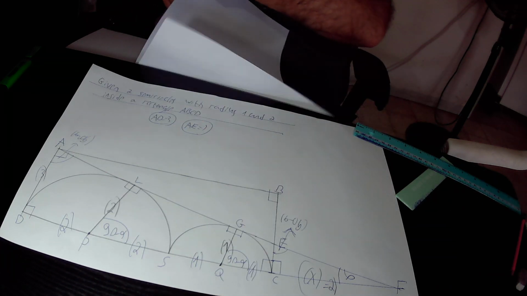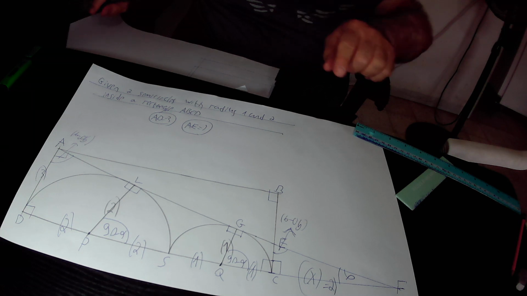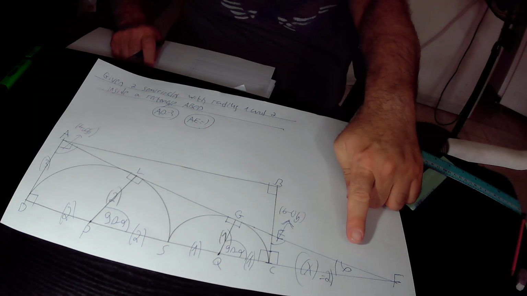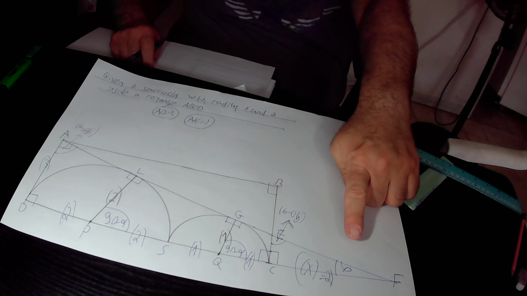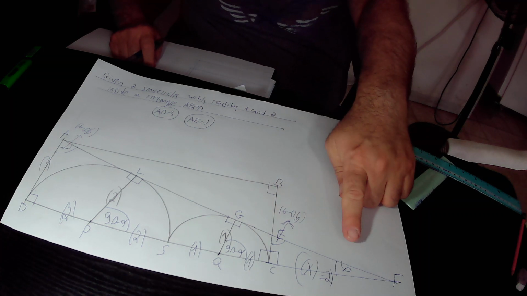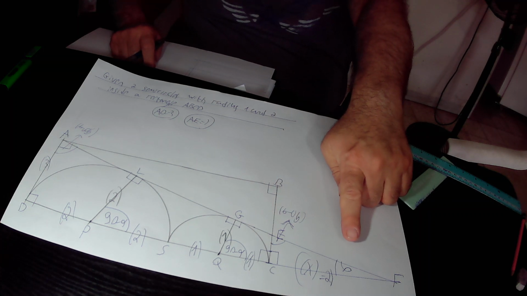In addition, this is angle alpha, a common angle that belongs to both triangles. So we can write that angle alpha equals itself. If we relate to this angle as it belongs to the big right triangle ADF, it is defined as angle AFD.